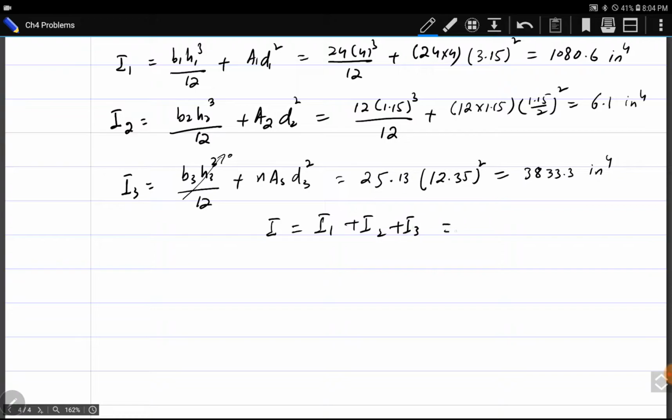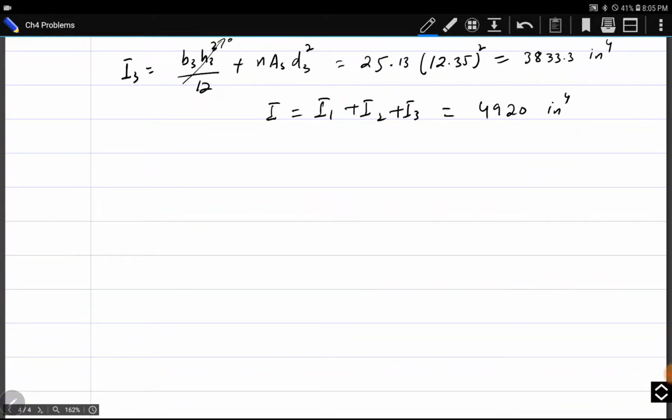Now we can find I, which is the sum of I1 plus I2 plus I3. We can add these values and I becomes 4920 inch power 4. Now we have to find maximum stress in steel and maximum stress in concrete. First we will find maximum stress in concrete, part B. It is MC for concrete divided by I. M is given to us in this problem.